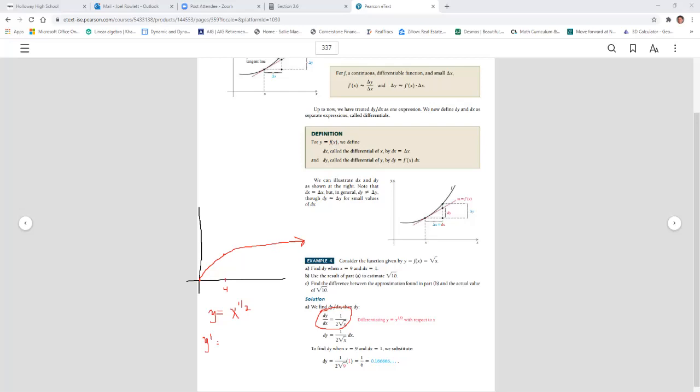But anyway, if we take the derivative using the power rule, we would get 1/2 times x to the power of negative 1/2. And of course, we can take that negative 1/2 to the denominator and rewrite it as a square root, and that would give us dy is equal to 1 over 2 square root of x times dx.